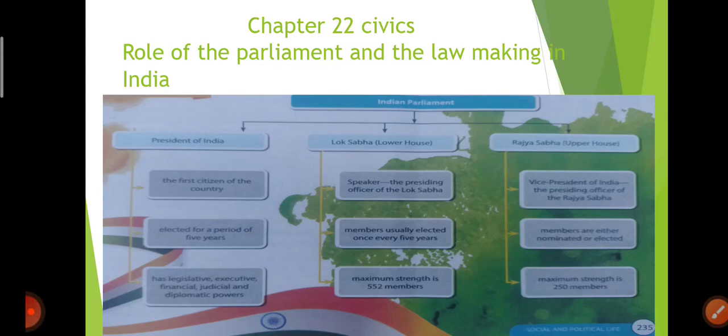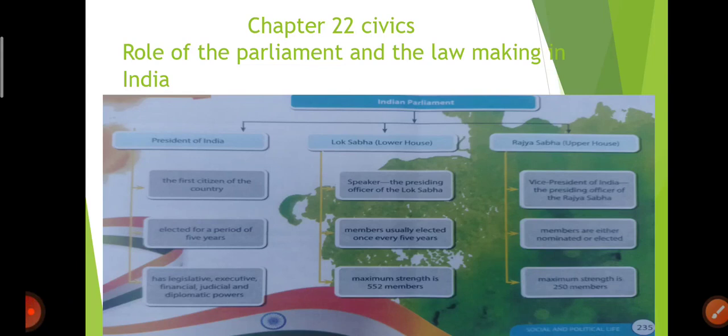The composition of the executive and the powers of the President. Now you can see here the President of India and his or her powers. The President of India is the head of the state, the supreme commander of the defense forces, and the first citizen of the country.